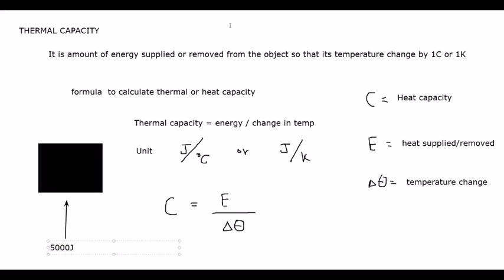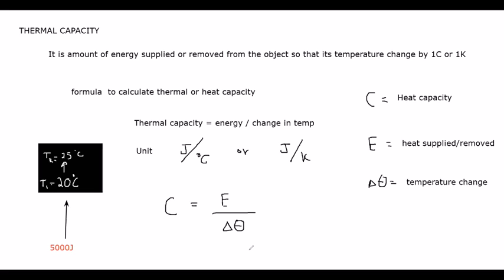Originally, this object was at 20 degrees centigrade. That was the starting temperature, we can say T1. Once you supply energy, the object's temperature rises from 20 degrees to 25 degrees. That's the final temperature.